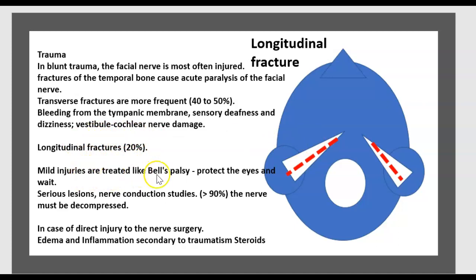Mild injuries are treated like Bell's palsy: protect the eye and wait. Serious lesion, nerve conduction study. In case of direct injury to the nerve, surgery. For edema and inflammation secondary to trauma, give steroid.